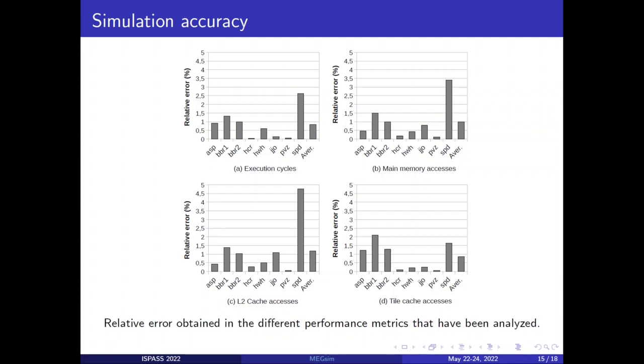The accuracy was calculated by comparing these output metrics when simulating the whole video sequence against the values we obtained when simulating the subset of representative frames. As we can see, although the higher complexity of 3D games slightly reduces the accuracy of the metrics, the average relative error is still lower than 1%.